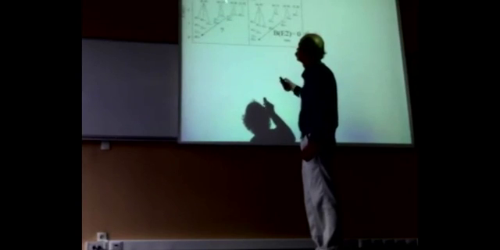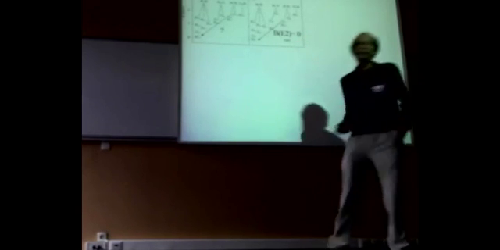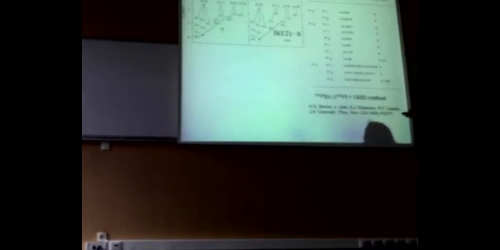These have SO6 quantum number 4, and these have SO6 quantum number 2. So it means that if the SO6 symmetry is a good one, E2 transitions from this 2 plus state to the ground state, or to any of the other states, are absolutely forbidden. So that's a clear prediction.